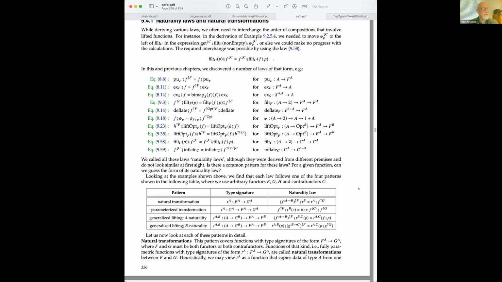So he finds these naturality laws important when he's proving things, like the rule for filter or something like that. Anyway, like this filter law here, it allows him to move the key part inside.